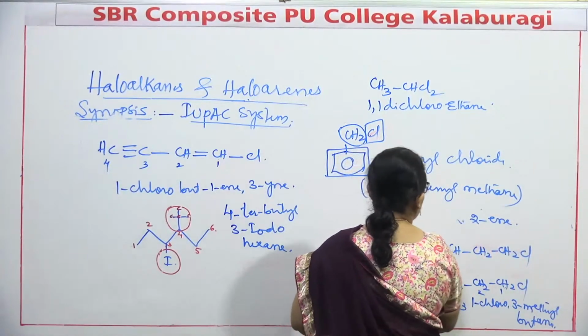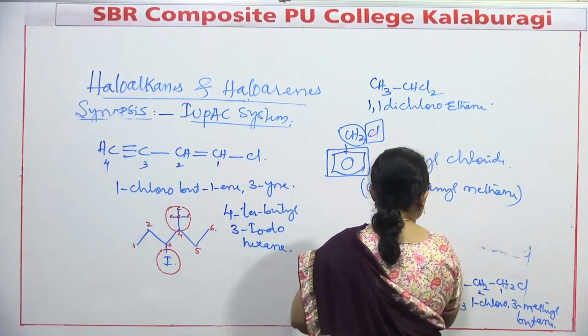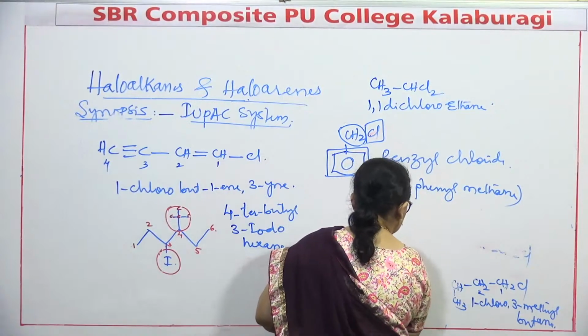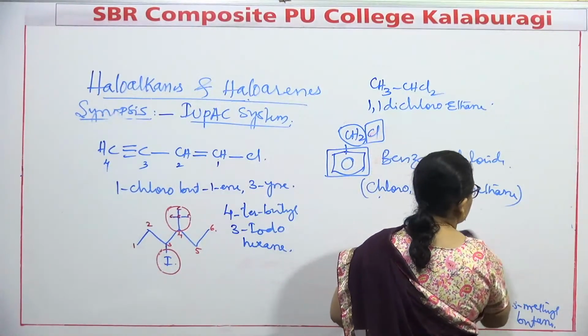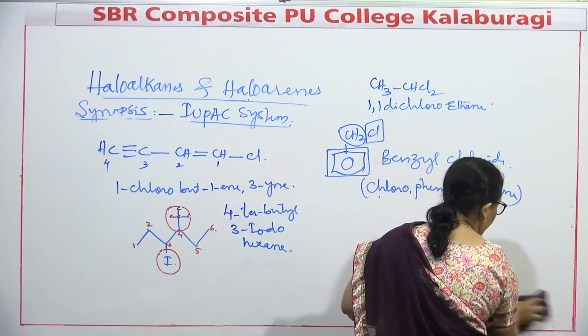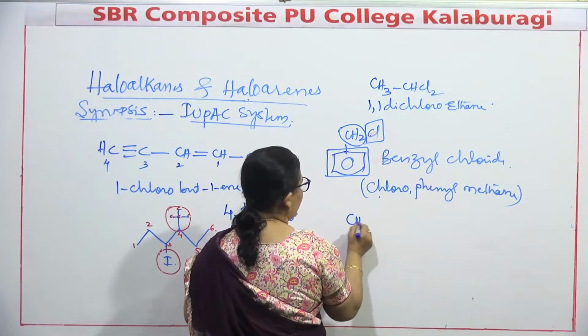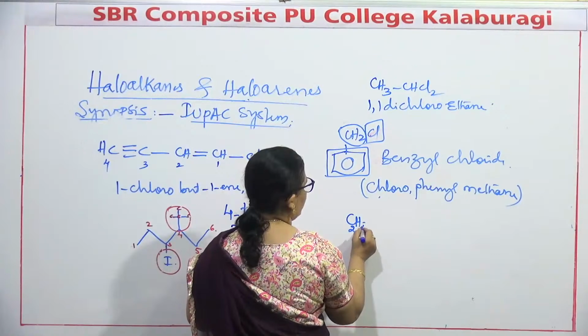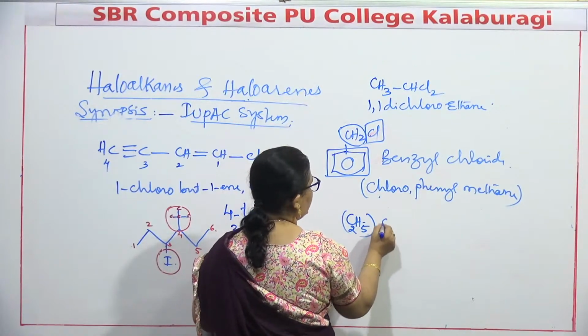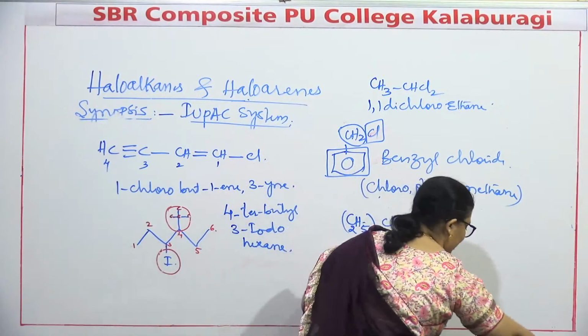In the NCERT exercise, one more question is there. Write the IUPAC name of a very simple molecule they have given. C2H5 three times, Cl. Sorry, 3 times Cl.